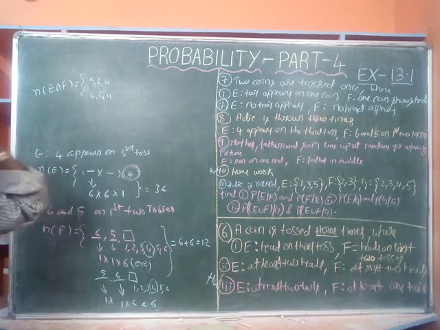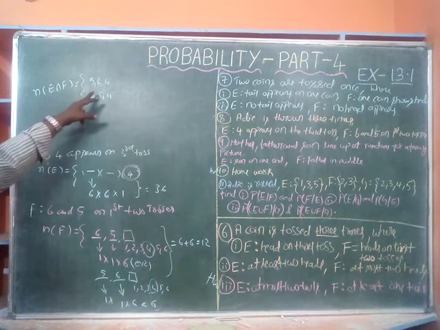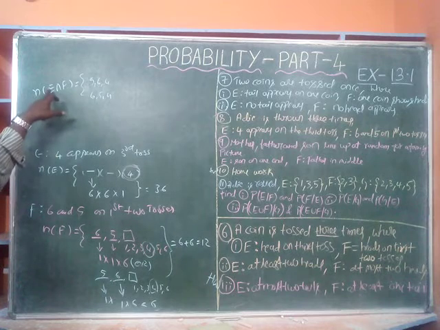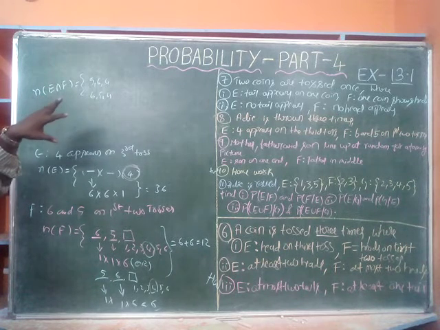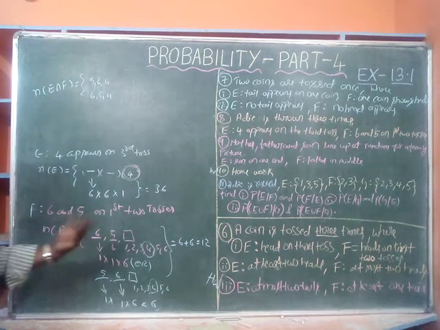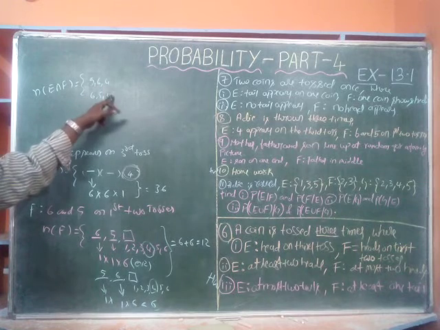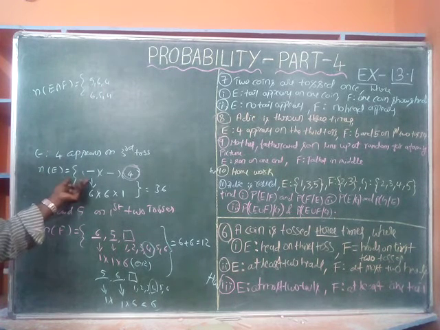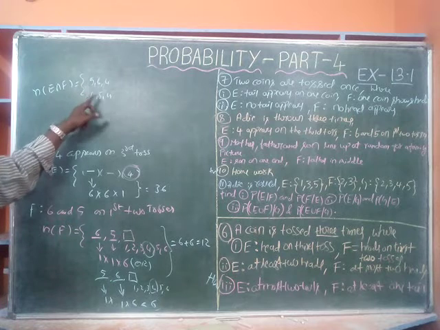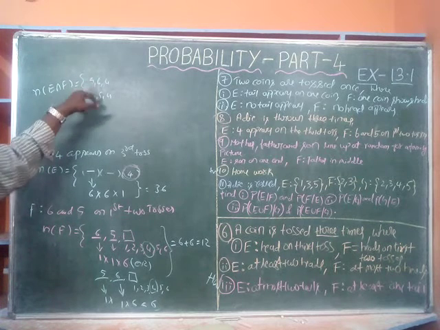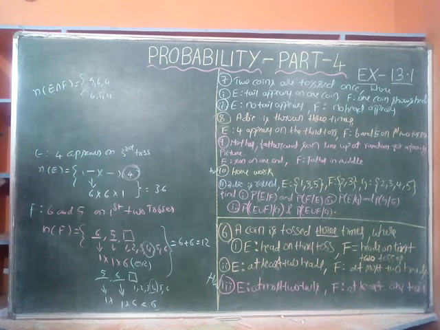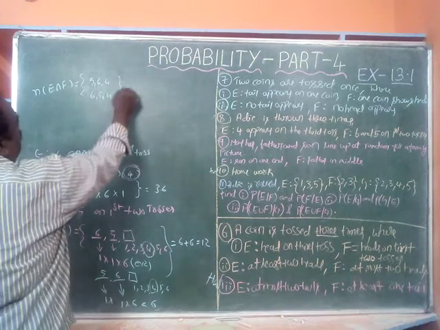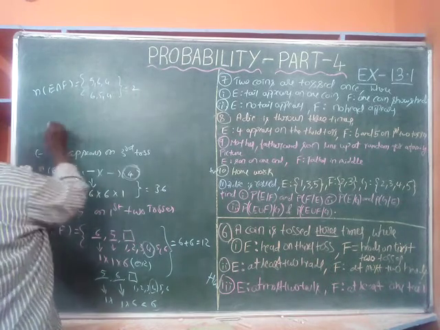That is the condition for F. And 4 is in the third toss. That is related with E. Is there any other thing? If you take 5 here, will it come? It comes only in F, not in E. If you take 1 or 2 or 3, 4 or any other than 5 and 6, it is related with E. So we have only 2 ways.